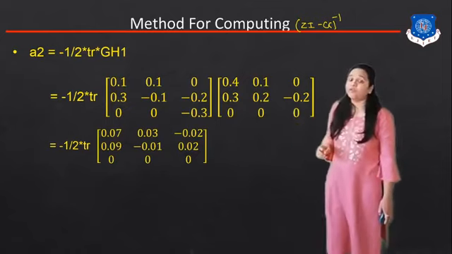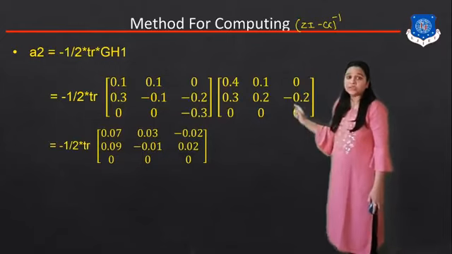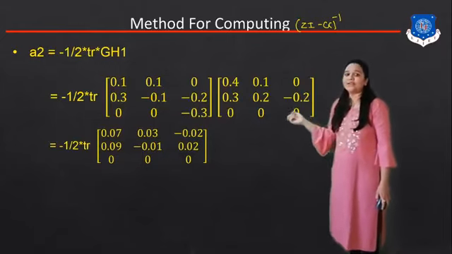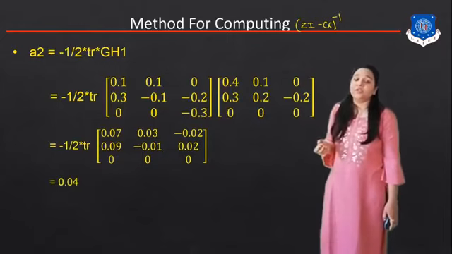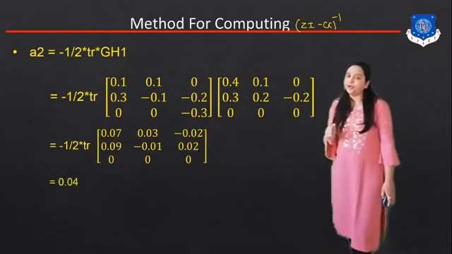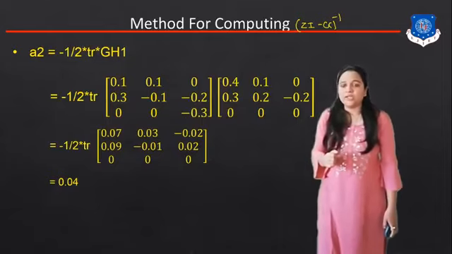Now we have to find the trace of this matrix. So 0.07 plus, in this bracket, minus 0.01 plus 0. So we get 0.04, and we divide by 2. So we get A2 is equal to 0.04.